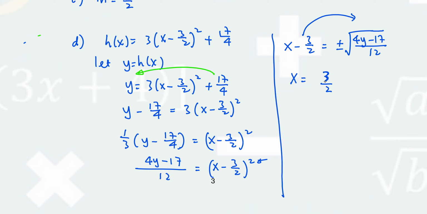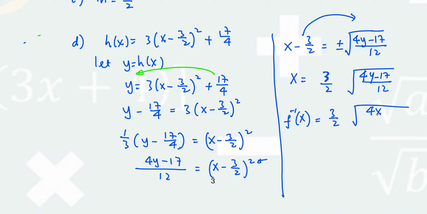Now, we cannot accept both plus and minus, so I'll leave it first. Later, I will decide whether we choose a plus sign or minus sign. So here, square root of (4y minus 17) over 12. And you change the x into h inverse. Then the y on the right side, sorry, this is y, not x, the y on the right side will be replaced by x.